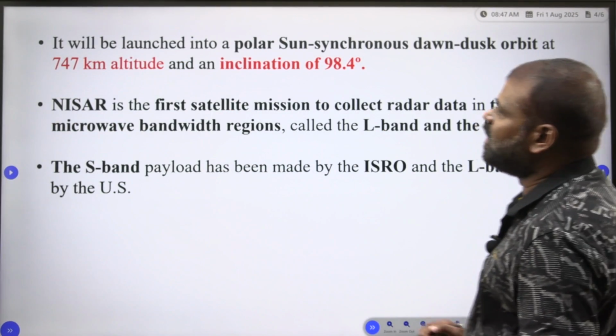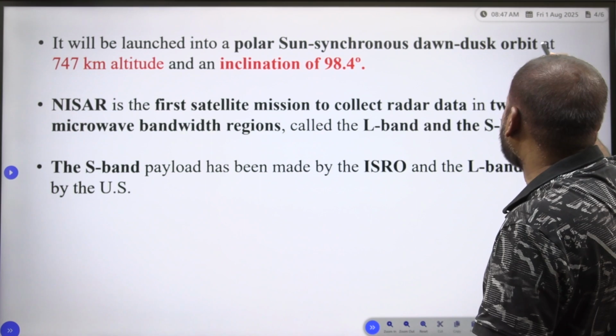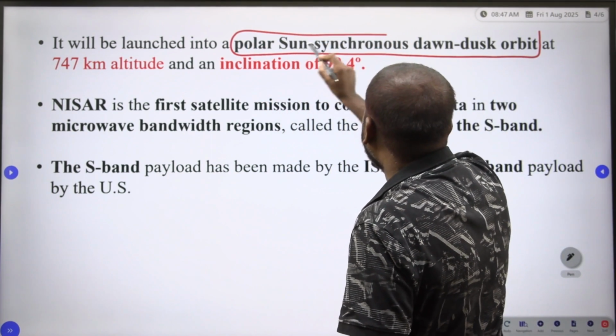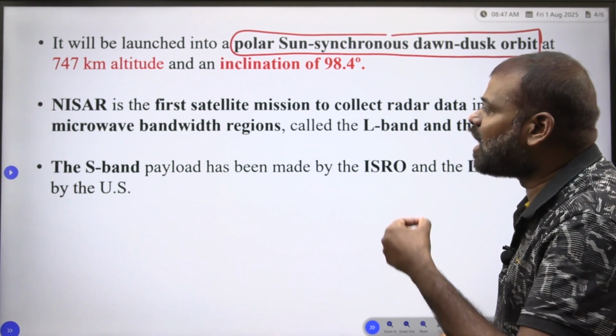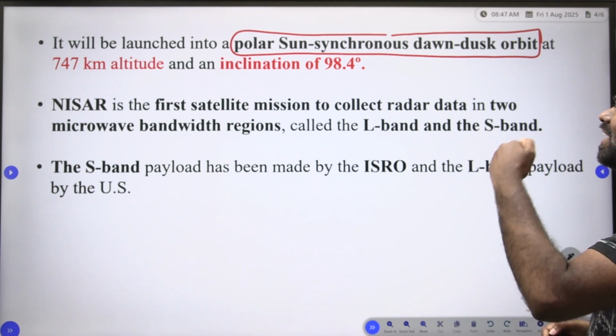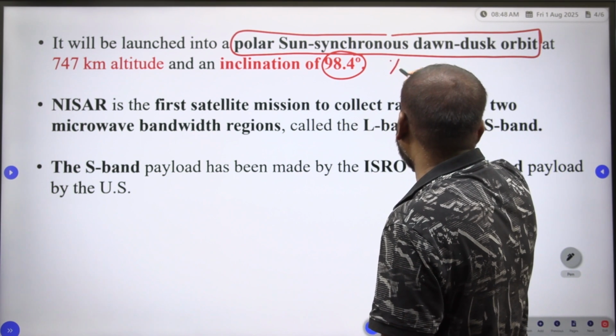Now, it will be launched into a polar sun synchronous dawn-dusk orbit at 747 kilometers altitude and an inclination of 98.4 degrees. It is very, very important.